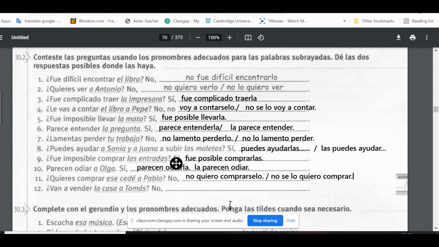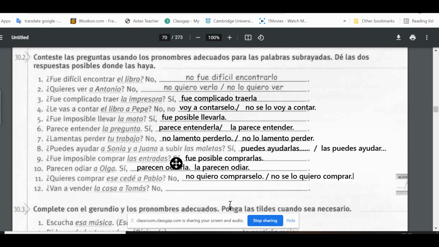So notice this "se" is like in English. Another way to understand this is that in English you usually have a "to" before the person. So it's "I want to buy it to him" or "give it to him." That "to him, to her" would be "se" or "le." It depends.